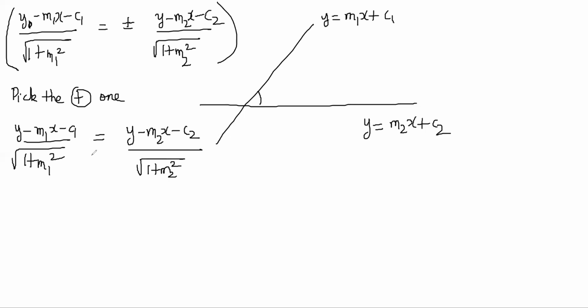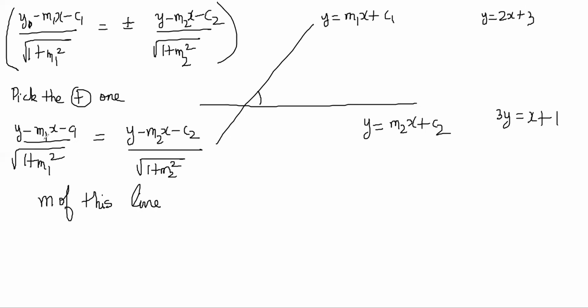Pick the positive one, write its equation. Then find the slope of this line, m of this line. When the question has some numbers, this calculation will be easier, right? Right now it looks horrible, but the question will be something like y is equal to 2x plus 3 and 3y is equal to x plus 1 or something, right? You understand?